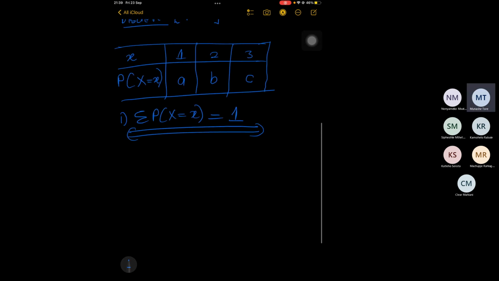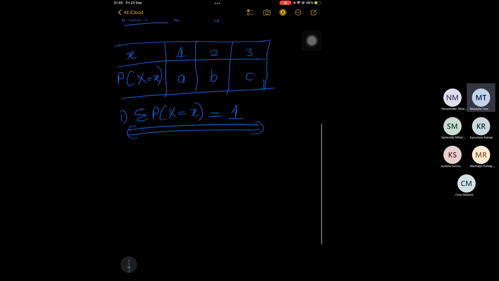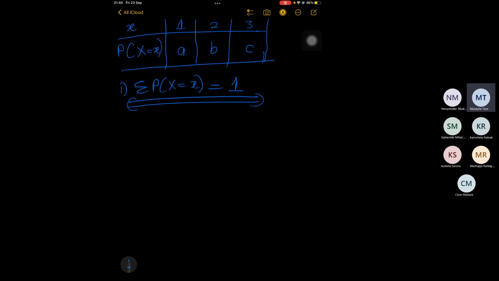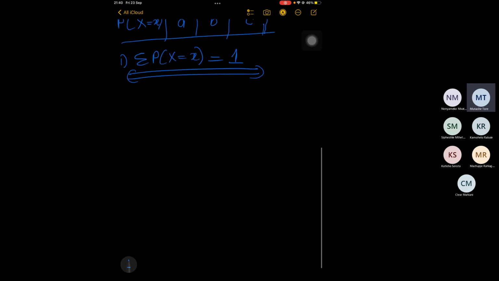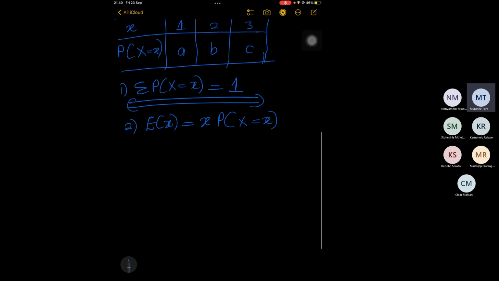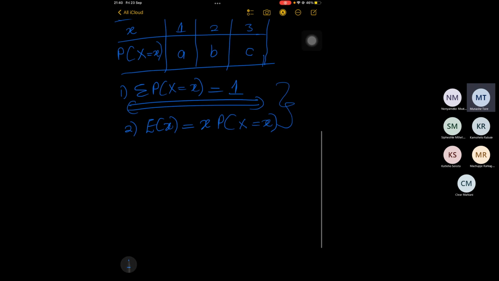When you add all these probabilities, the sum is supposed to be 1. It doesn't change. See? That's 1. Then for 2, we know that E of X is equal to x times probability of X equals x, isn't it?